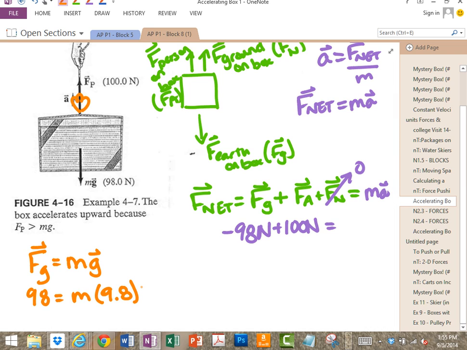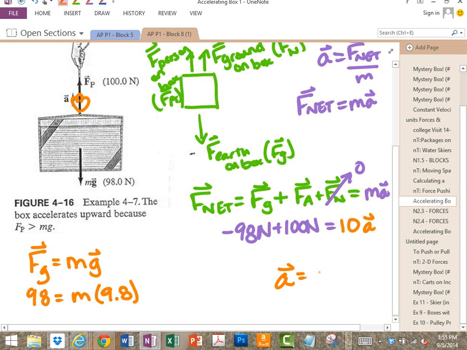Remember we had that 10 kilogram one, right? Okay, so we'll remember this is 10. And then we can find a. Now we don't even need a calculator to subtract 98 from 100, right? We can do that. And then we can divide that by 10. And probably we can even do that in our heads to get an acceleration of how big? 0.2 meters per second squared. It's true.